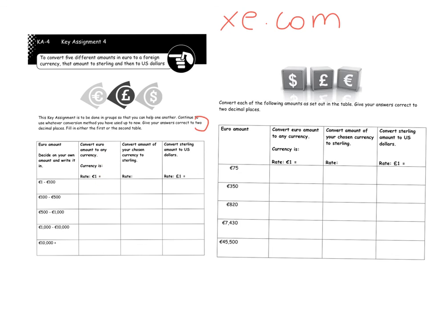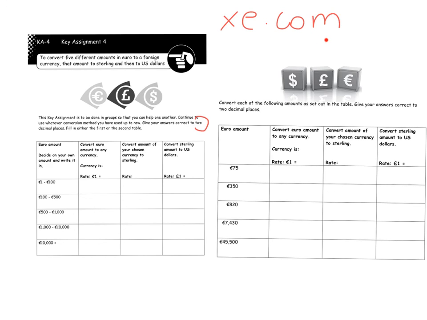So you might pick any of the currencies you met so far, okay? And remember, this is money. You need to give your answer correct to the decimal places. You might convert it to yen, you might convert it to Swedish krona, you might convert it to zlotys, whatever, it's up to you.